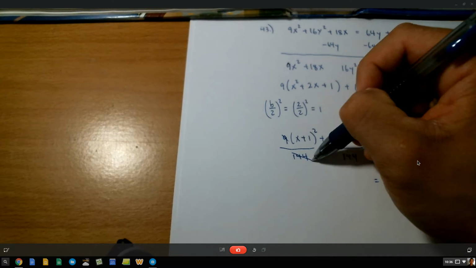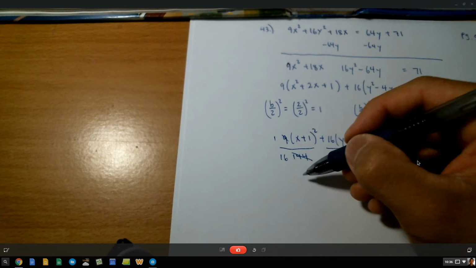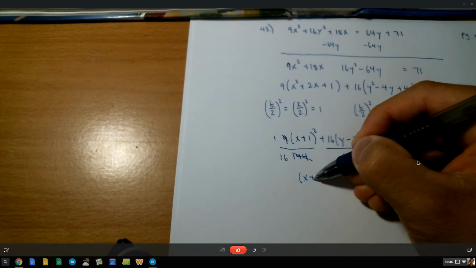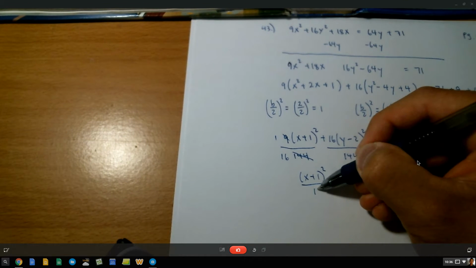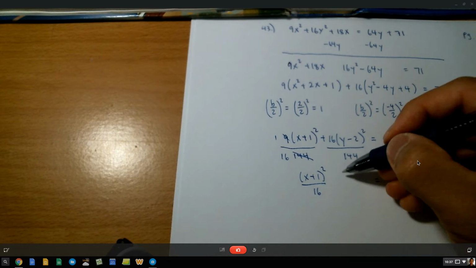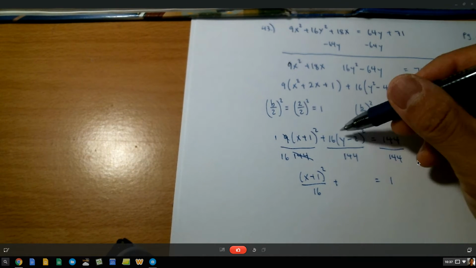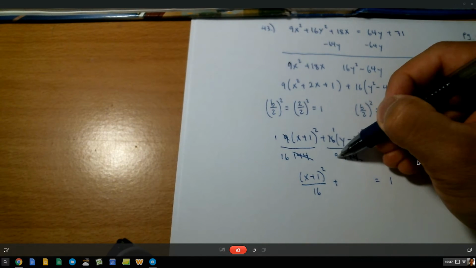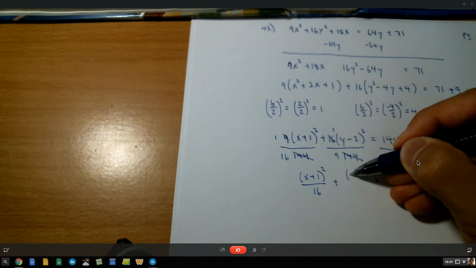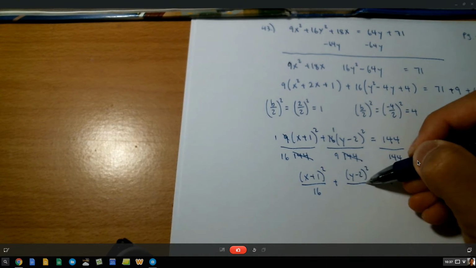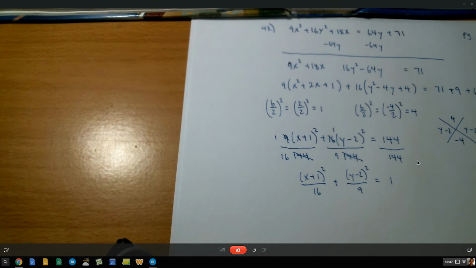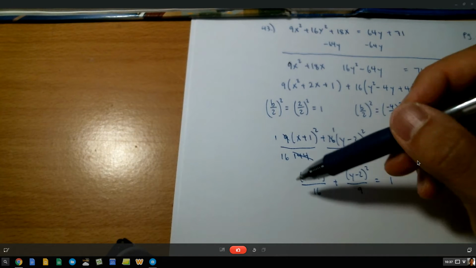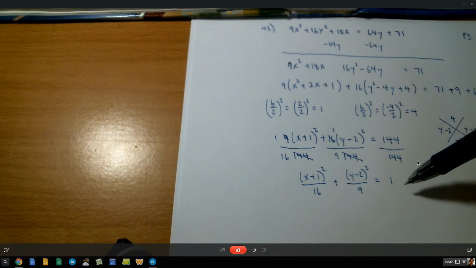Well, that's just 1 over 16. So you think of it as x plus 1 squared all over 16, plus 16 over 144, you could think of it as 1 over 9. So it's y minus 2 squared all over 9. So now we have our ellipse equation in standard form.